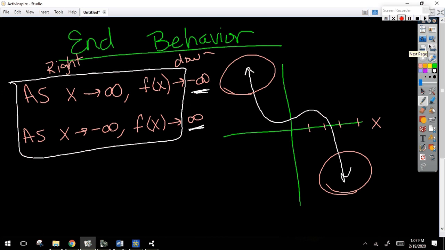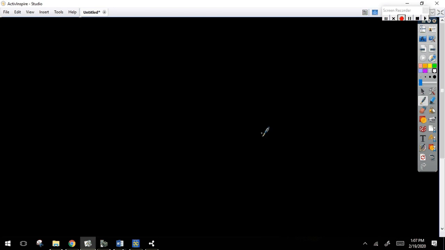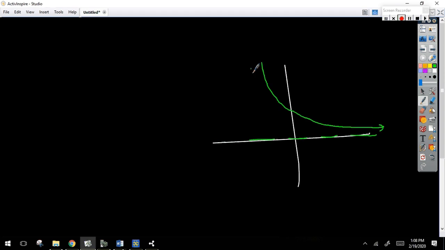Now, I will tell you that the positive and negative infinities, if there's an asymptote there, it could approach that asymptote instead. So if it went like this, I still have two ends, right?